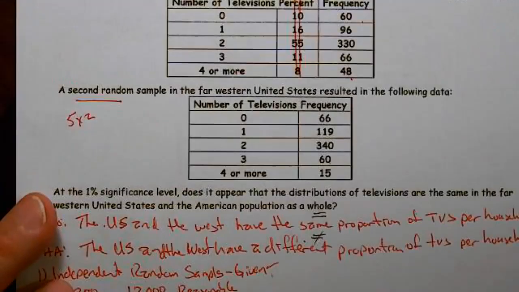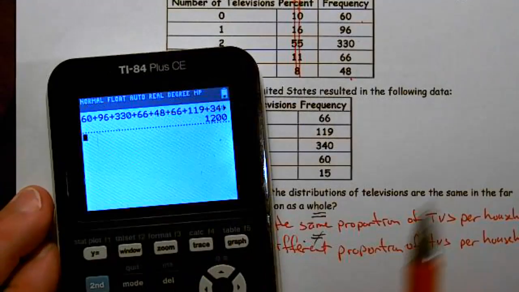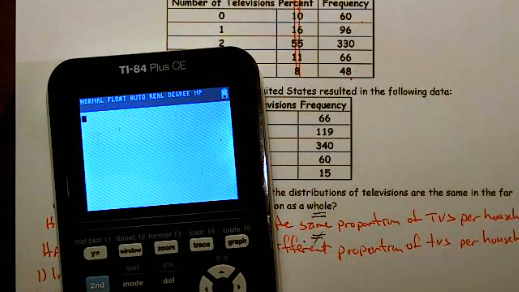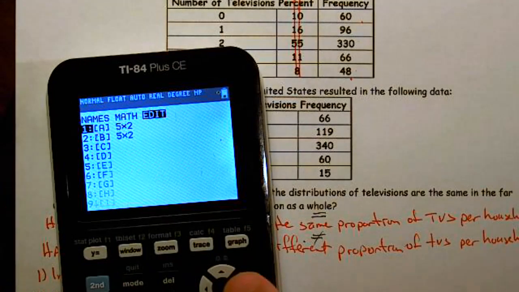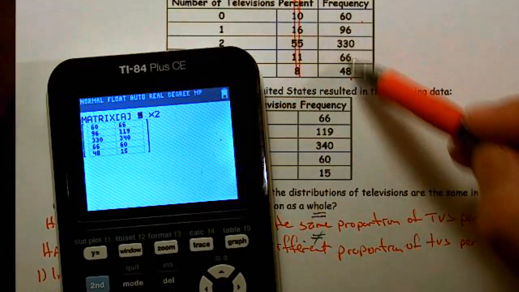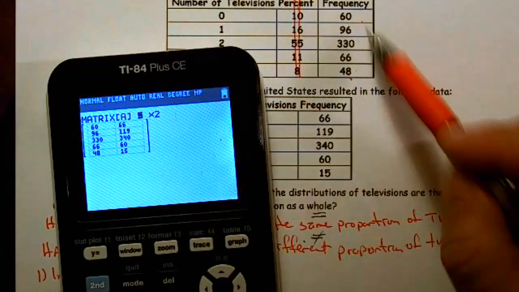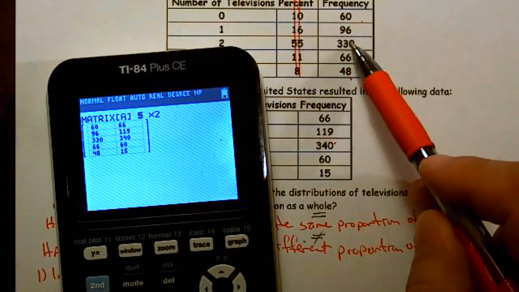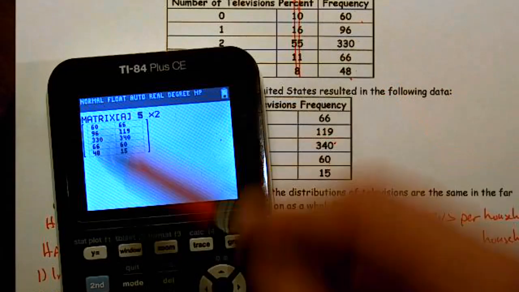So we need to enter this into the matrix to find out what our expected values are. So, second matrix, and by the way, I've already done this. I press edit, and I have 1, 2, 3, 4, 5 rows and 2 columns, 1 and 2. And here's 60, 96, 330, 66, and 48 in the first column.